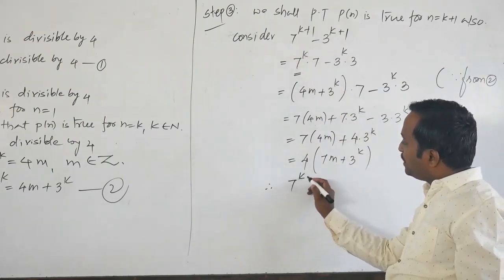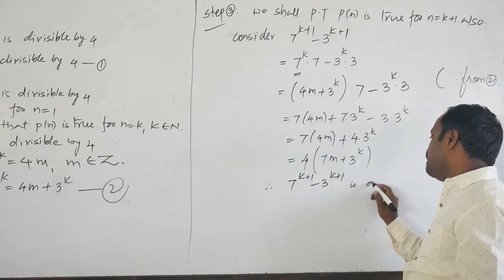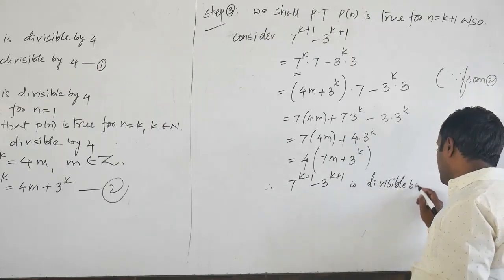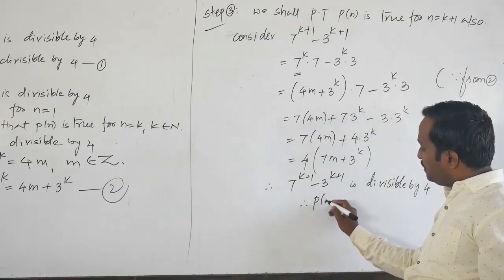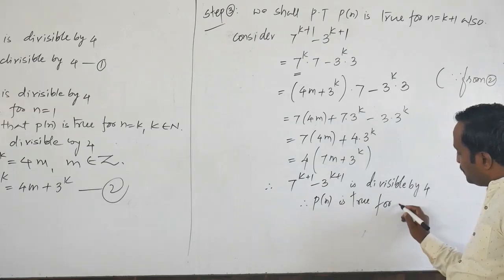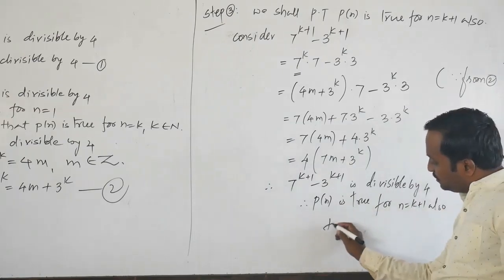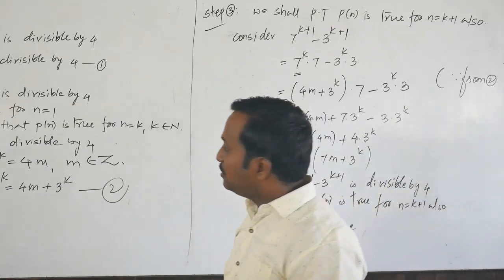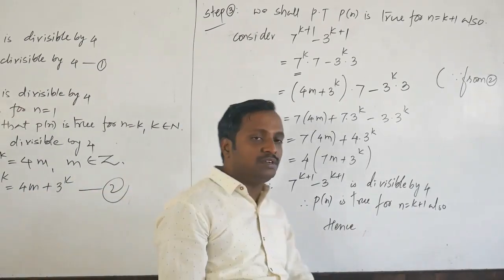So 7 raised to k plus 1 minus 3 raised to k plus 1 is divisible by 4. Therefore P of n is true for n equal to k plus 1 also. Hence, by the principle of mathematical induction, the entire statement P of n is true for all natural numbers.